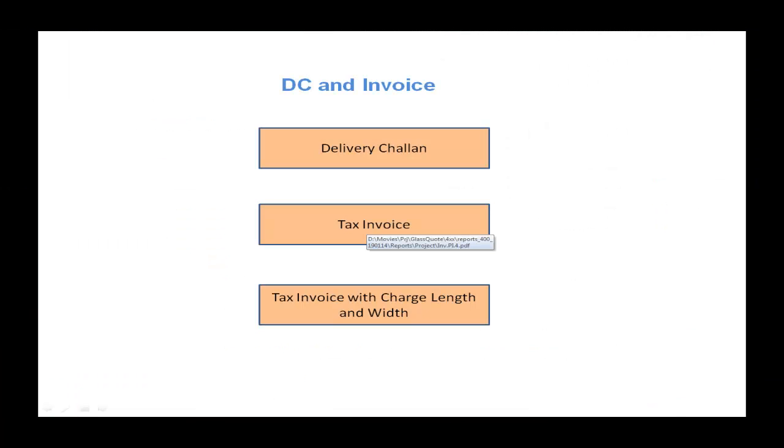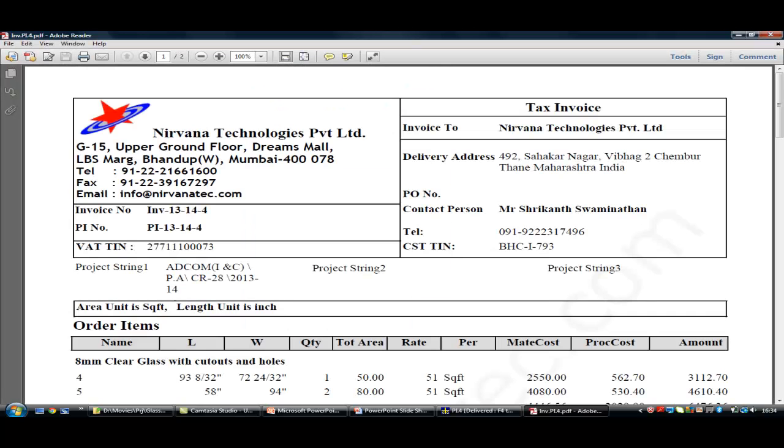Last is the tax invoice. In this you will get invoice number, VAT TIN, CST TIN, and extra information like e-Shugam number that we have added into project string 1 on output page.